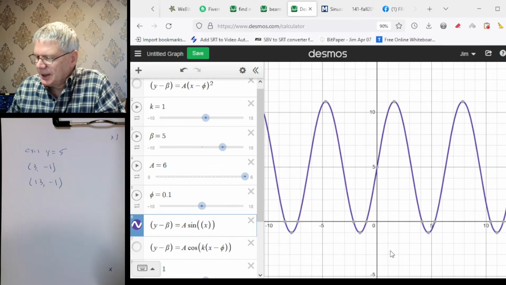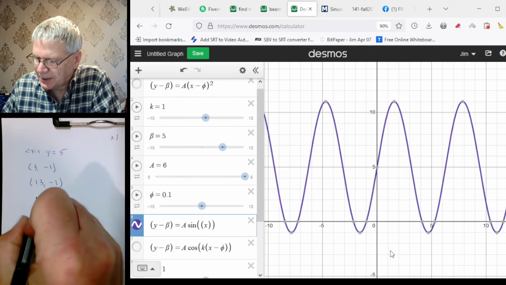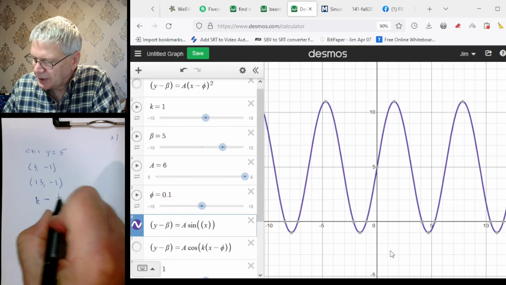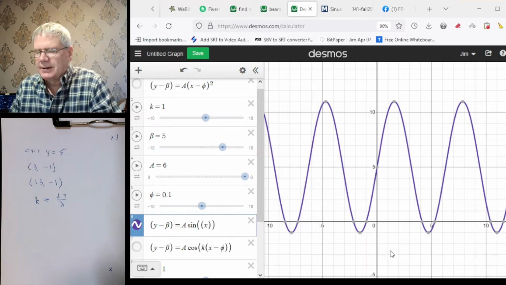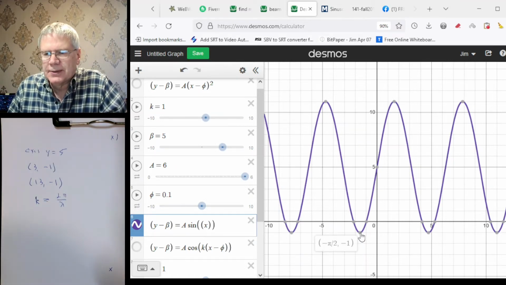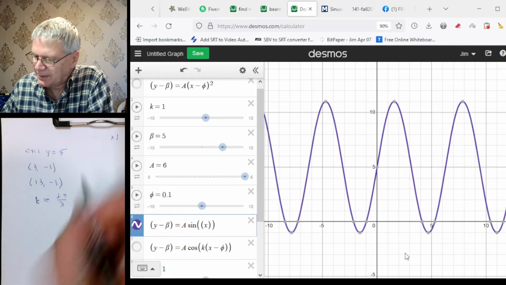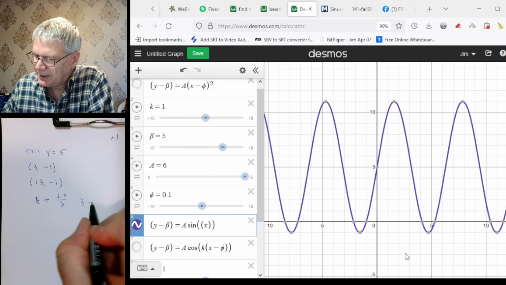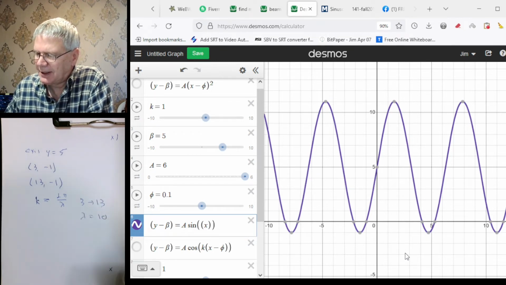And this function k, the wave number, is equal to 2 pi over the wavelength. And the wavelength is the distance I want from here to here. And my distance goes from 3 to 13, so I have a wavelength of 10.